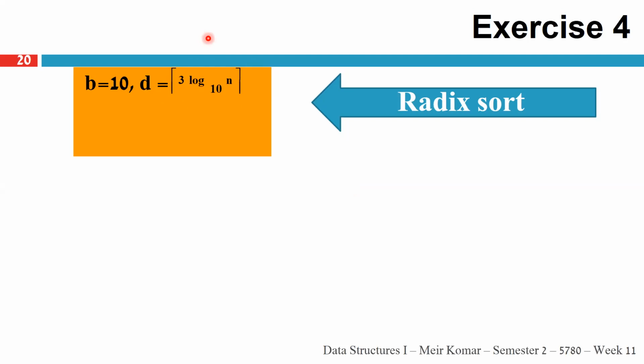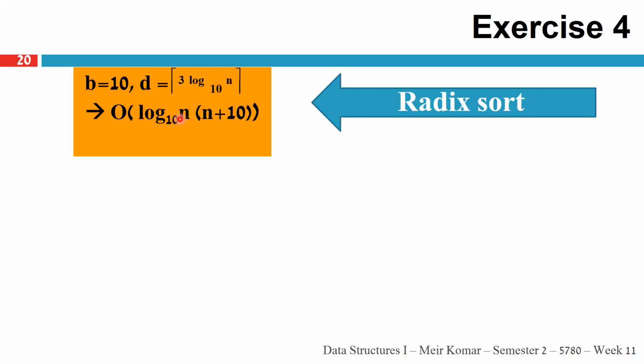So the maximum number of digits I'll need is 3 log n to the base 10, not base 2. Here it's very important to write the base 10. Therefore, what is the radix sort going to cost me? We said d is the digits. Digits cost me log base 10 of n.